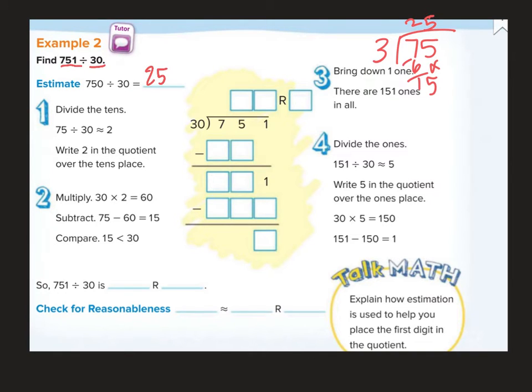Our answer should be about 25, because notice our zeros cancel each other out. So I'm really doing 75 divided by 3, and I got 25. So our answer hopefully will be somewhere around 25.